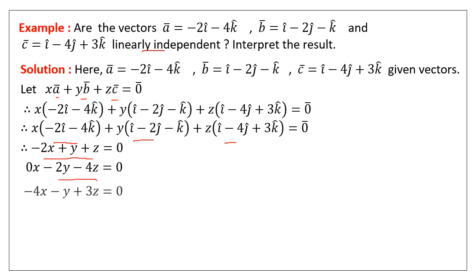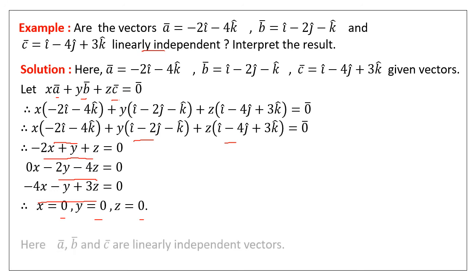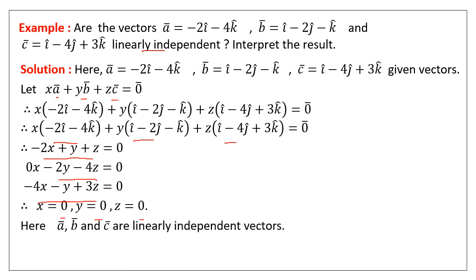Minus 4x minus y plus 3z equals 0. So from this, student, after solving this, what we have? x equals 0, y equals 0 and z equals 0. All the 3 scalars are equal to 0. From this we conclude that a bar, b bar and c bar are linearly independent vectors. Means they do not depend on each other.